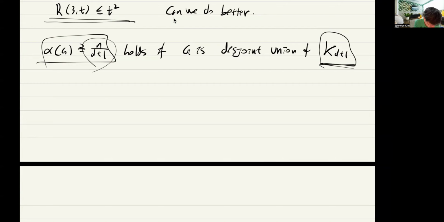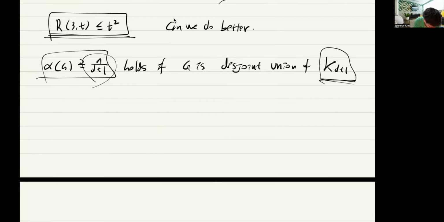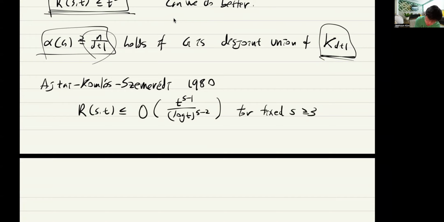And indeed, that's how we get a better upper bound on the Ramsey number. Ajtai, Komlós, and Szemerédi in 1980 proved that R(s,t) is at most some constant times t to the s minus 1 over log t to the s minus 2, for fixed s at least 3.